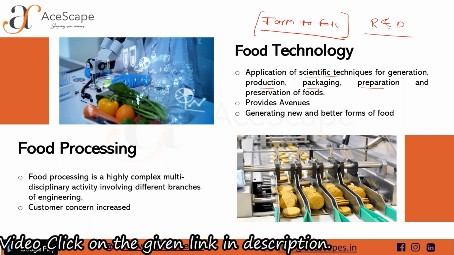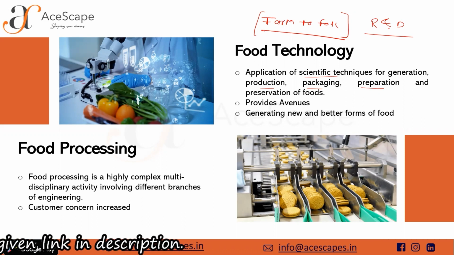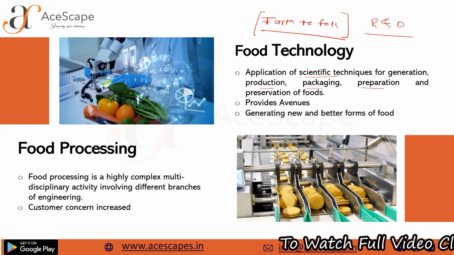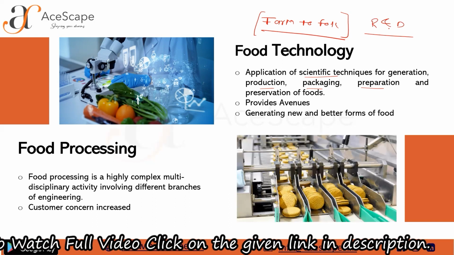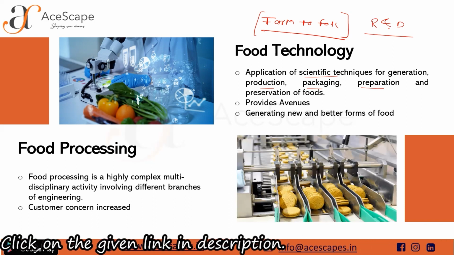Formulation, you have to prepare to produce some product. Then you have to process that product through a production line, and then you have to check its quality, like whether its quality is good, whether the food taste is wholesome or not. And then you pack that food and distribute it to consumers, and also you keep track of its quality degradation. So all these aspects, if we combine them in one place, that is called food technology.